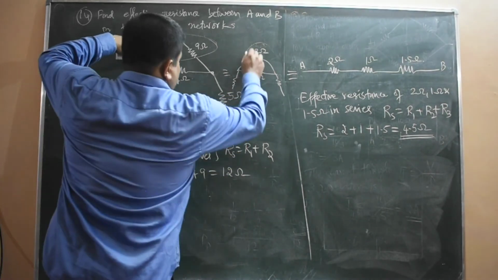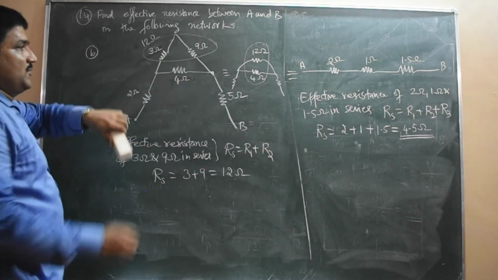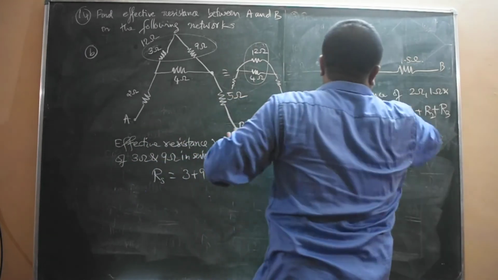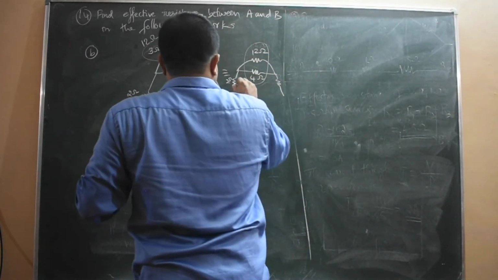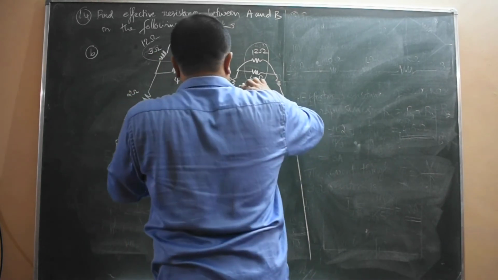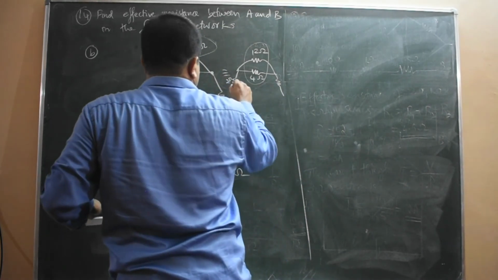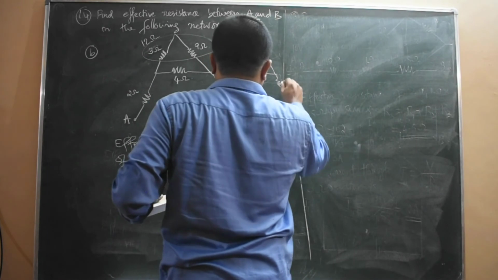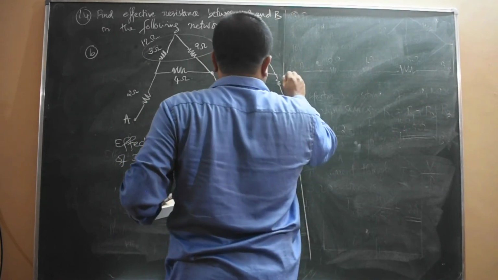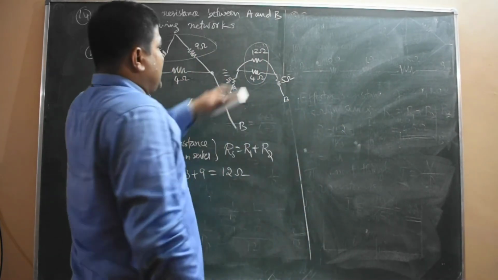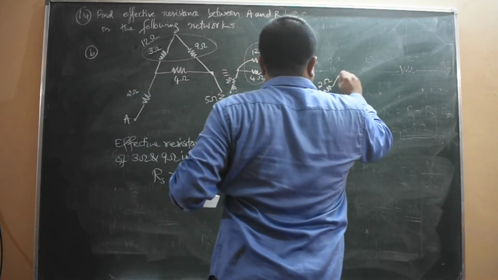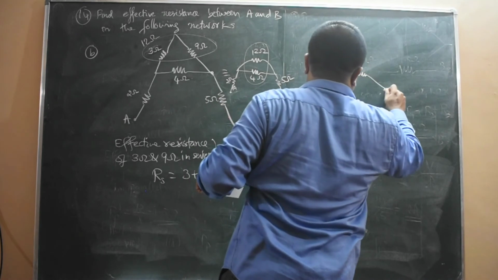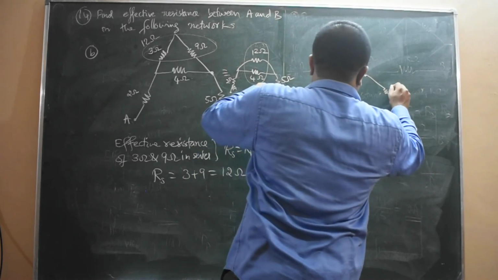Now we have to simplify this 4 and 12, and the other two will be the same: 2 ohm, this is point A, this is 5 ohm, and this is B. This 2 ohm will be a single resistor and this will be another resistor, 5 ohm as it is.